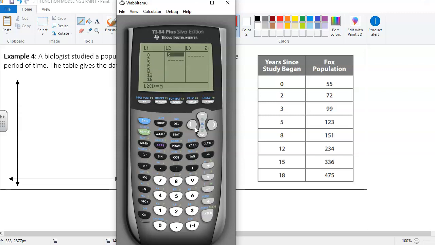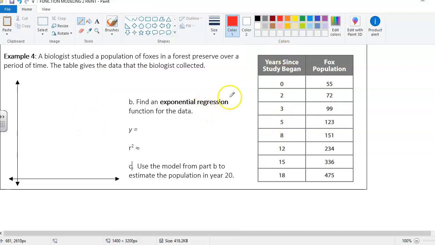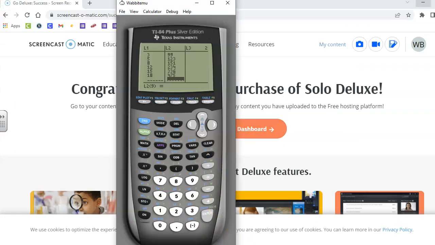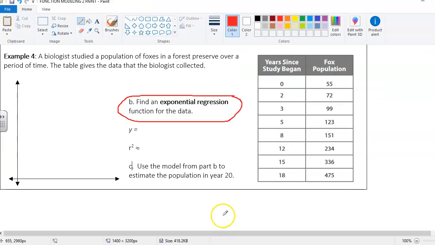In the beginning of the semester, we did exponential growth. And what you discover, population, if it is not being controlled, is usually exponential. So that's why it is suggested to us that we do something exponential on this.